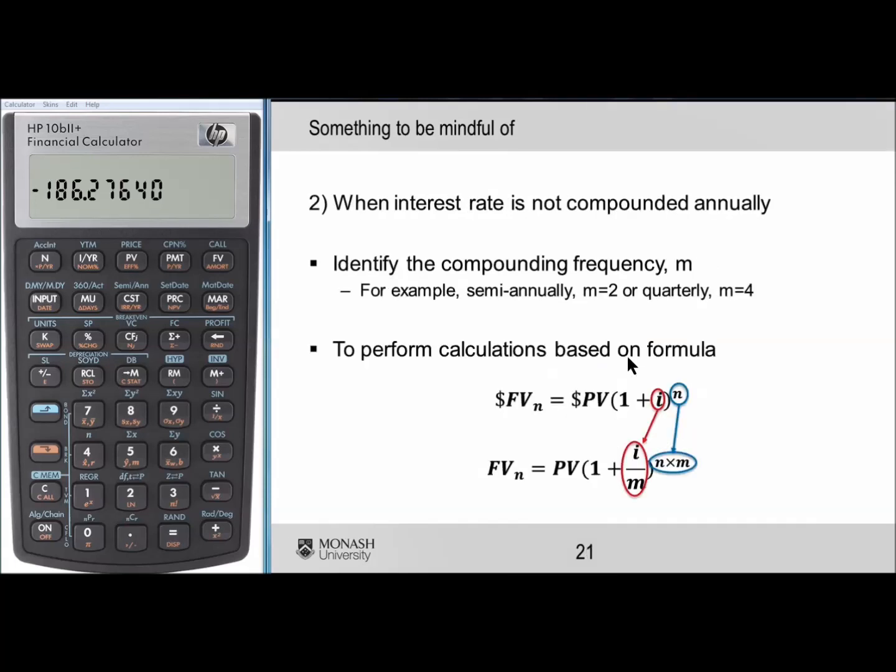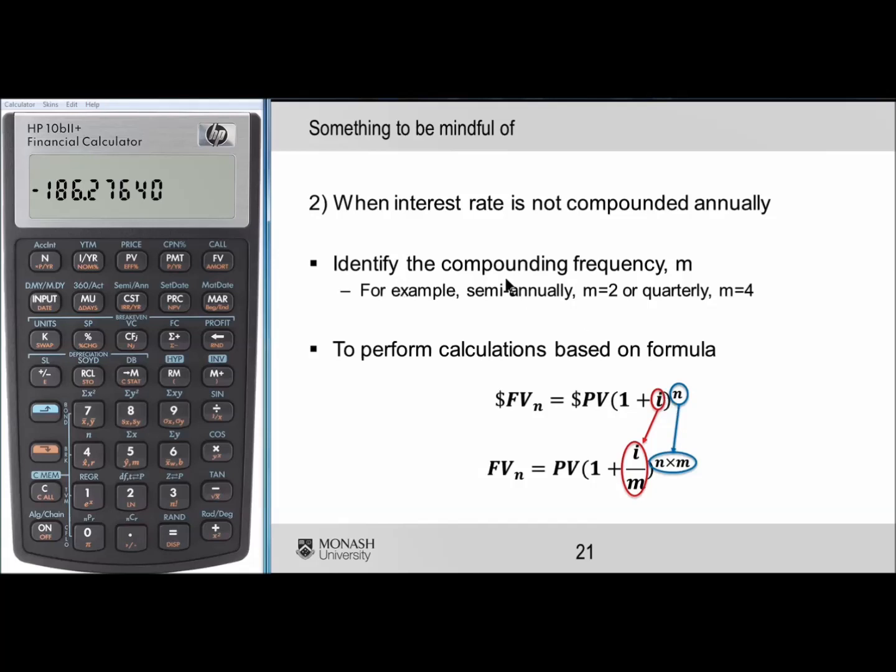Besides the signs of variables, when interest rate is not annually compounded, we mentioned before that we need to adjust the yearly nominal interest rate into the interest rate per period and the number of years into the number of periods. So for manual calculation based on the formula, this is how we are going to adjust.